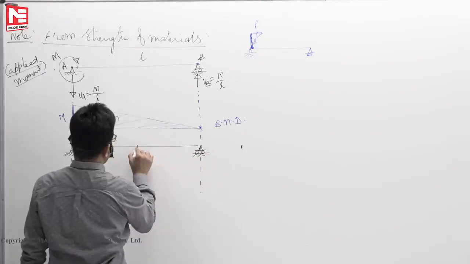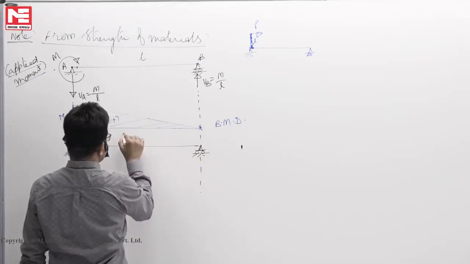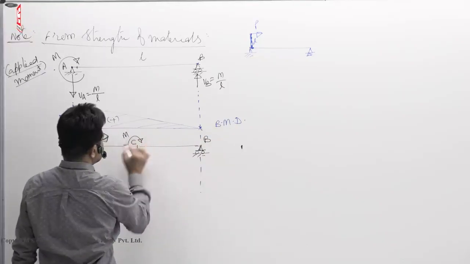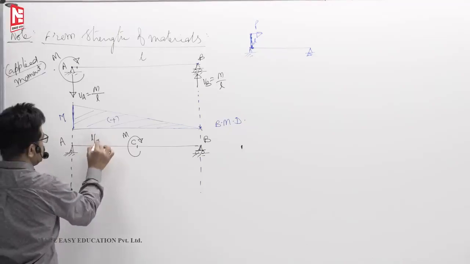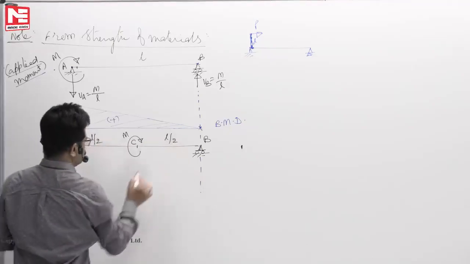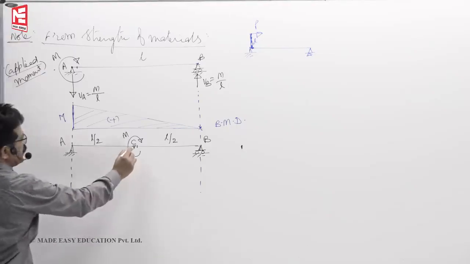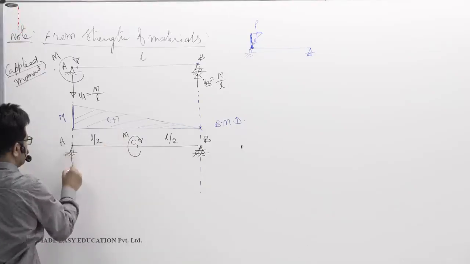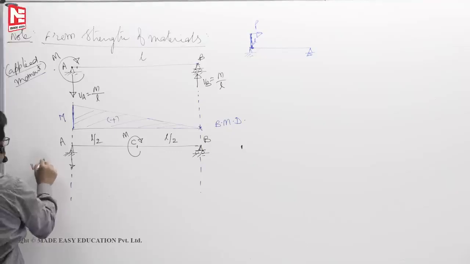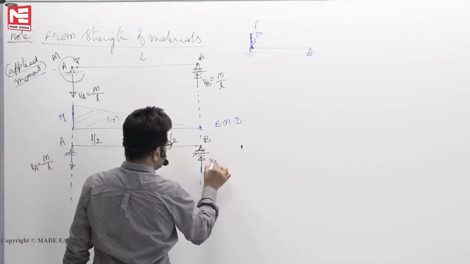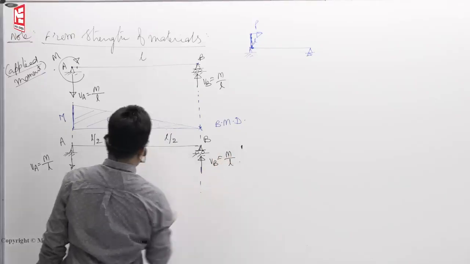Now I will apply a moment M exactly at the center, with points A, B and C, and this length is L by 2, L by 2. Now what are the reactions? For a clockwise moment M, VA is M by L, and VB is also M by L.